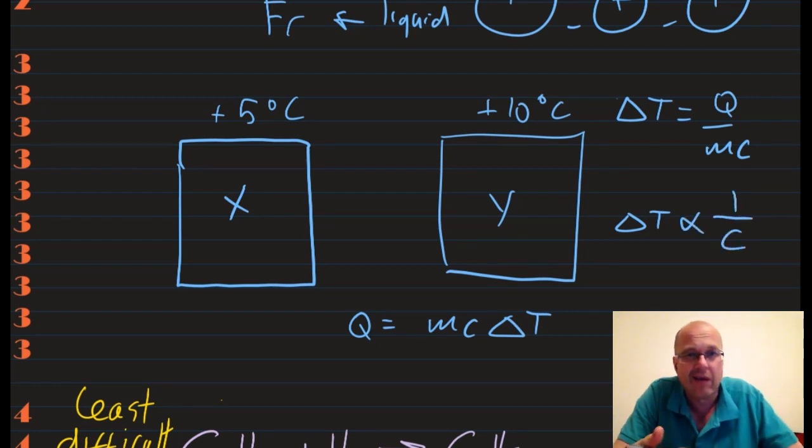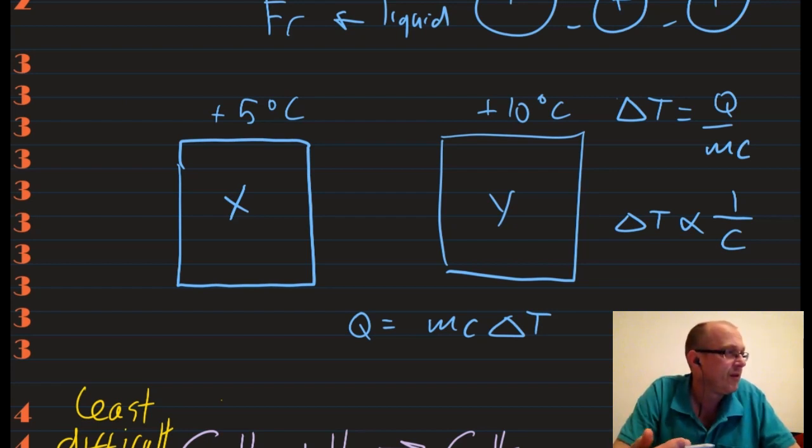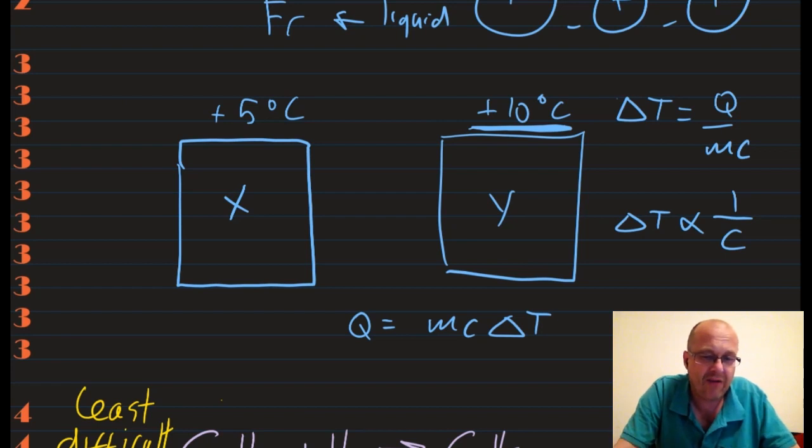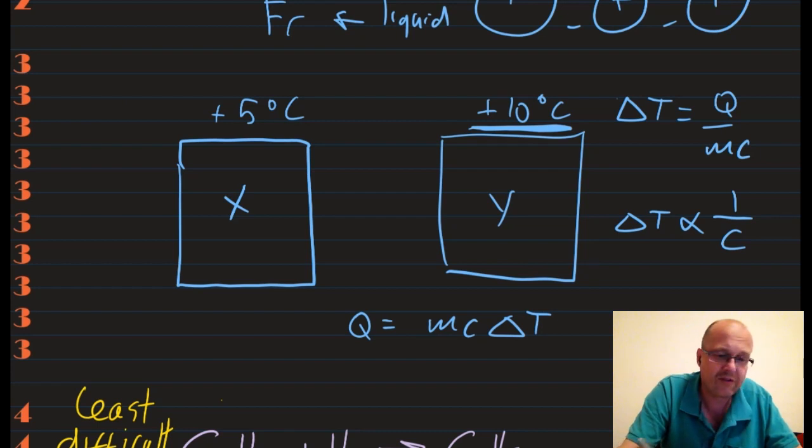What does that mean? As one goes up, the other goes down. So since this one got twice as much increase in temperature, it must have half the specific heat capacity. The specific heat capacity of X is twice that of Y. So that's 13A.